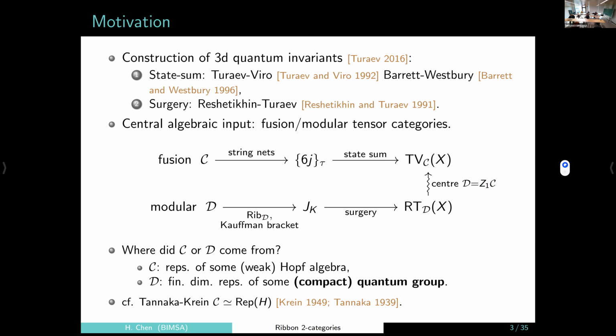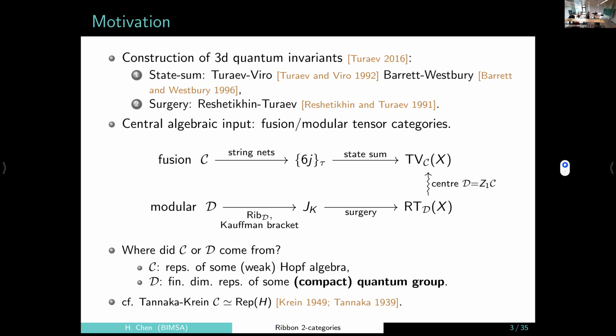And the central question is to ask about these algebraic inputs. Historically, both of them came from quantum groups. So you have these compact quantum groups U_q(g), and you can look at how to use the structures of the module categories of these Hopf algebras to construct these TQFTs.